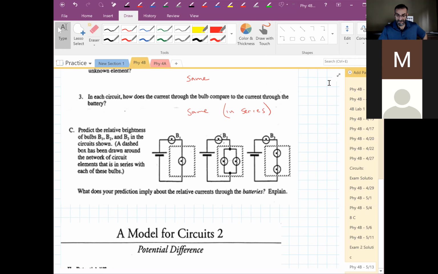Okay, should we see? I'm not sure how well this is going to turn out. Let me see. If I stop sharing and I change this camera. Oops, what happened?